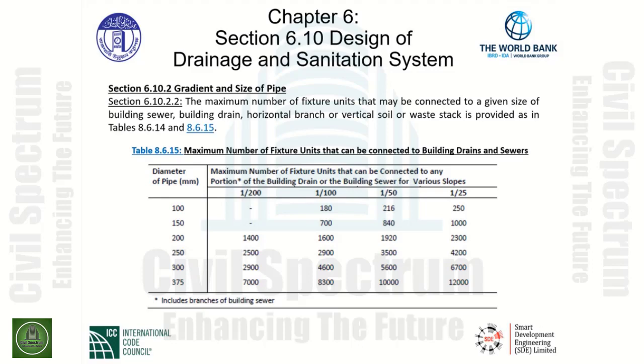The first column of this table gives us the diameter of the pipe in millimeters. The body of the table is dependent upon the fall or the slope of the horizontal pipe. Within the body of the table is given the number of fixture units according to the slope of the pipe.